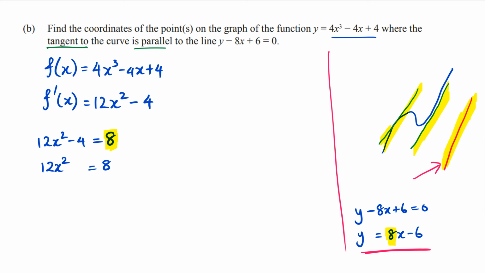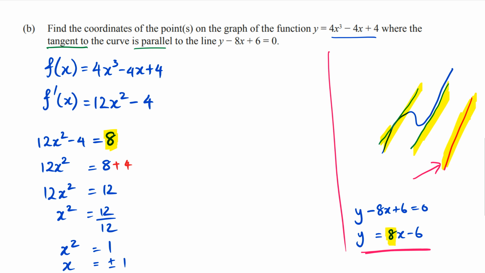We get 12x squared equals 8 plus 4, so 12x squared equals 12, and then x squared is equal to 12 divided by 12, so x squared is equal to 1. That means x is equal to plus or minus 1. So we actually have two values, because it's plus or minus 1. So that's the x value.